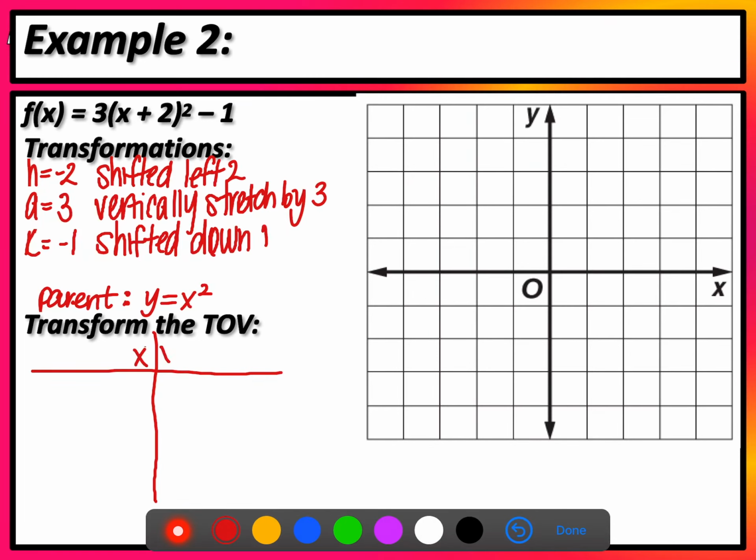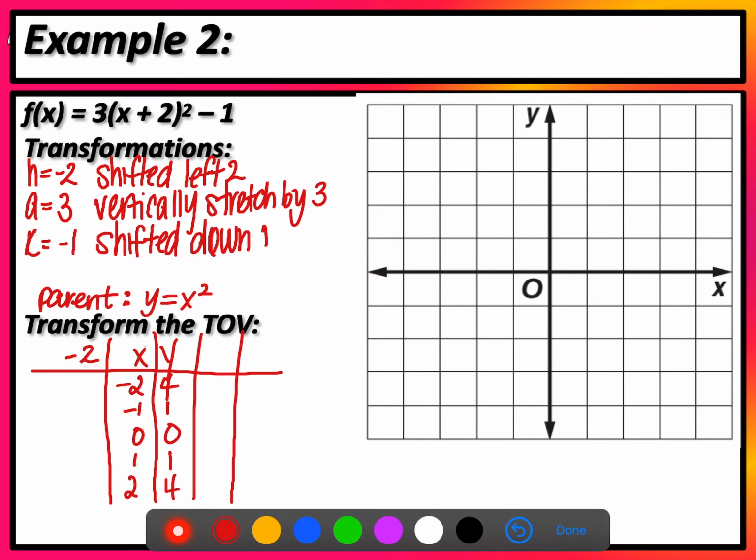Okay, so when I make my transformed table of values, we're going to use the parent function to get my x and y. So the parent of a quadratic starts -2 to +2. Okay, and then I'm going to have columns for my transformations.